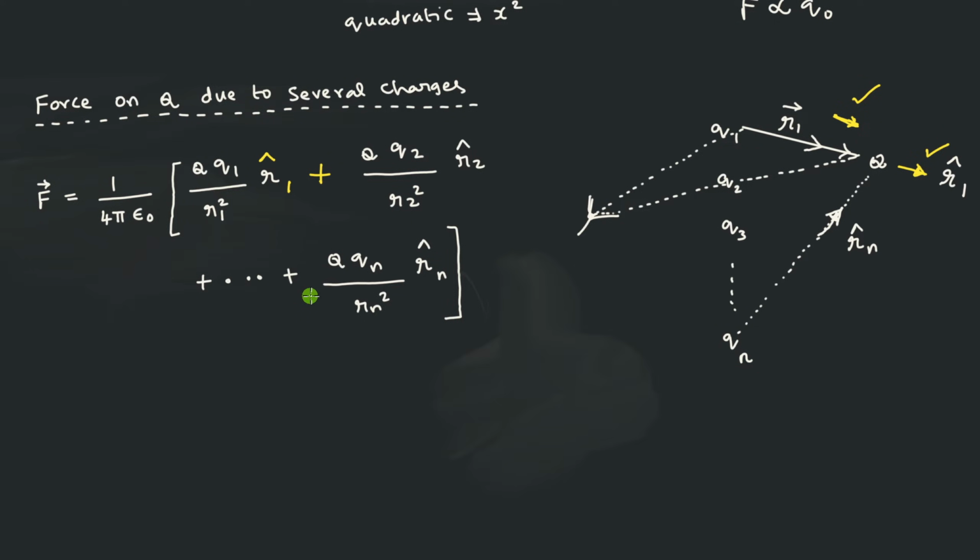That requires a considerable amount of algebra, but this is the point to be noted, that all the vectors are not common. So even though you say that it is superposition, this is where the little difficulty comes because of the vector. If it is a simple scalar, you simply add them and the job is over.